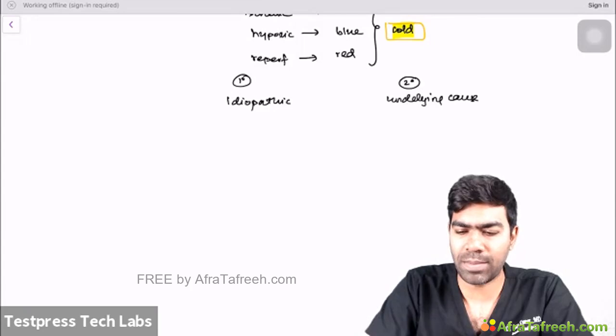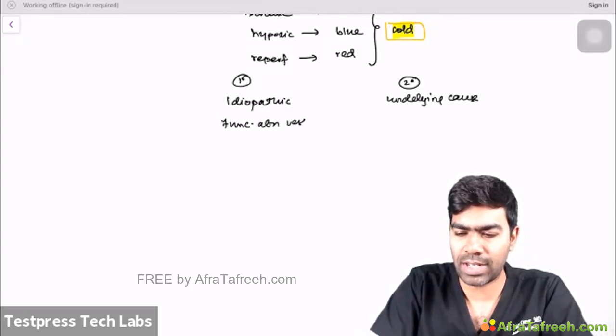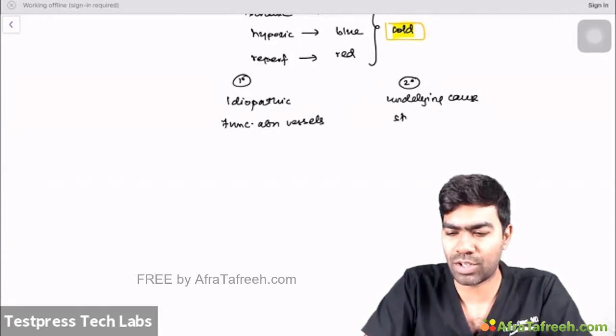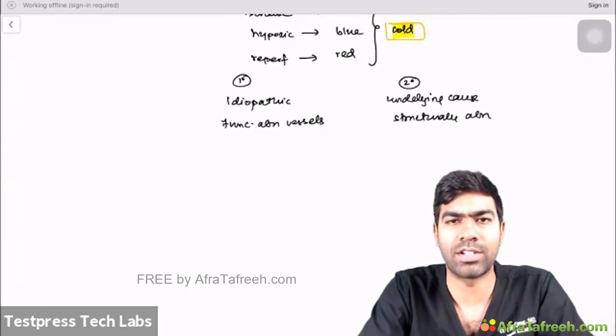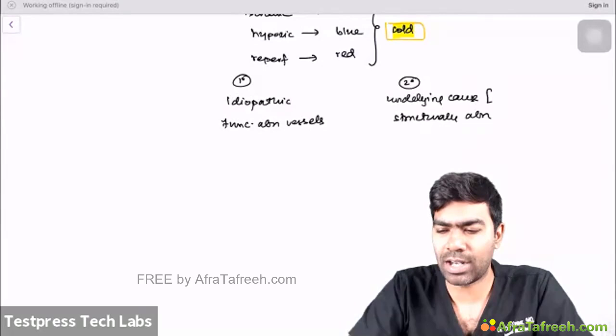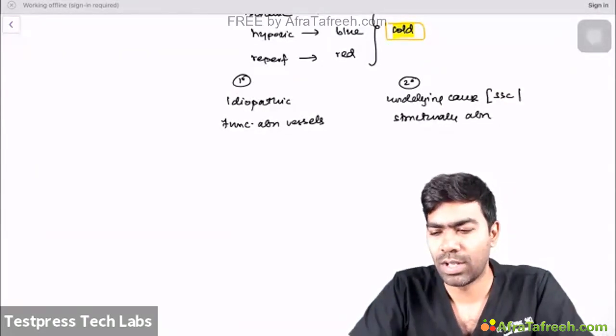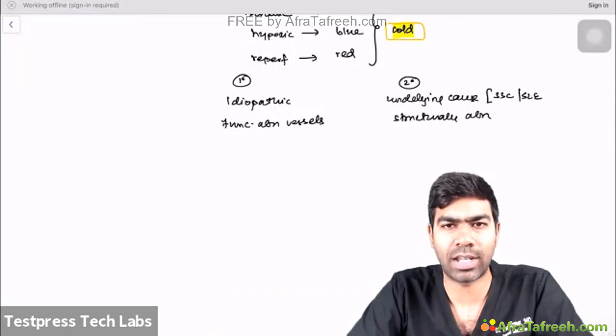As far as primary Raynaud's is concerned, the vessels are functionally abnormal, whereas in secondary Raynaud's phenomenon, the vessels are structurally abnormal, which means there is some basic damage to the vessel. The best example of secondary Raynaud's is systemic sclerosis, which we've been talking about since yesterday. Even SLE can produce a secondary Raynaud-like picture.